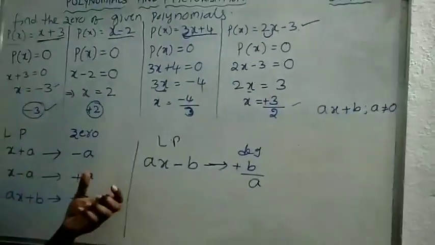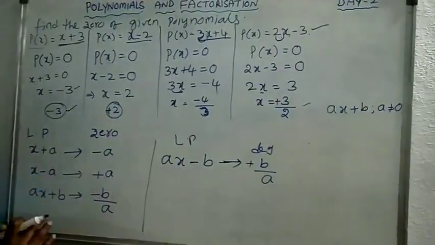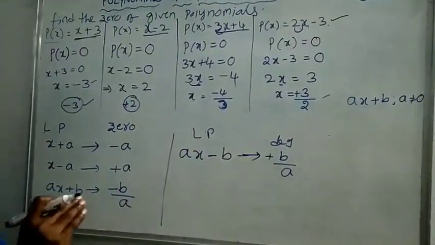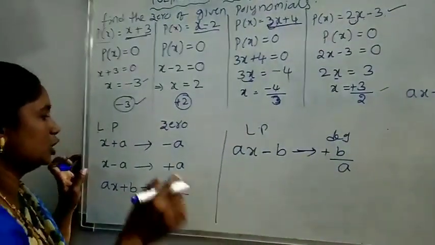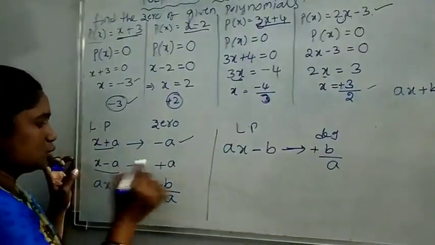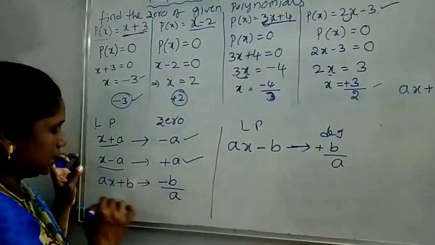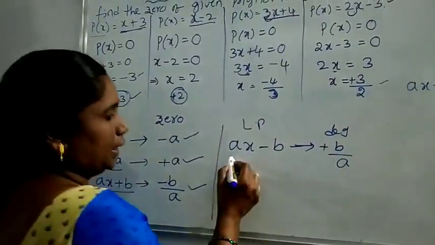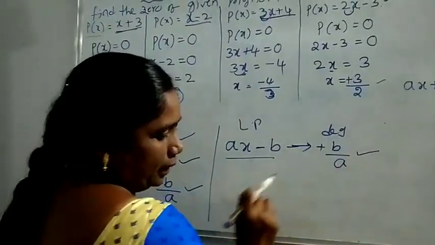Okay, children. So, by observing the given linear polynomial without making any calculations, we can directly say the 0 of the polynomials. X plus a, 0 is minus a. X minus a, 0 is plus a. Ax plus b, 0 is minus b by a. Ax minus b, 0 is b by a.